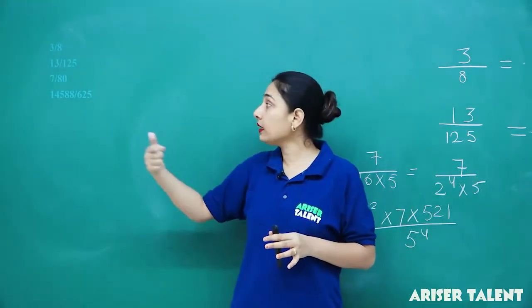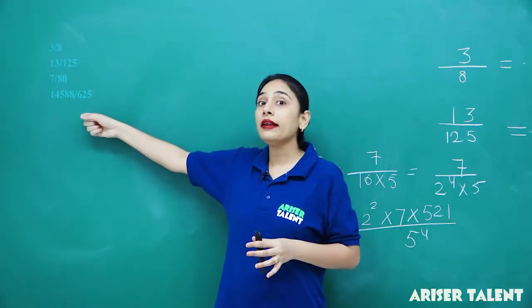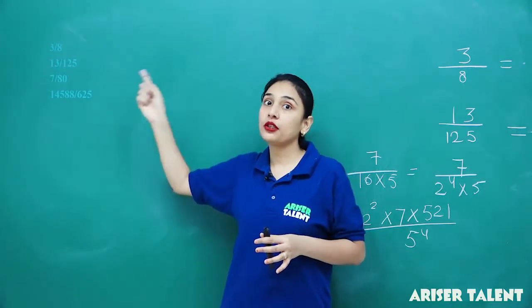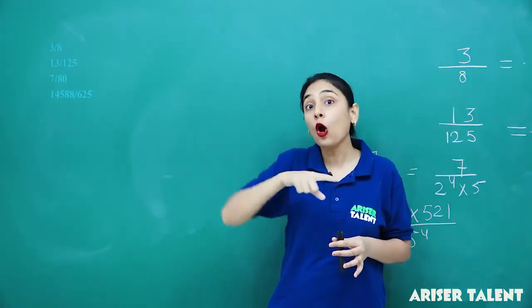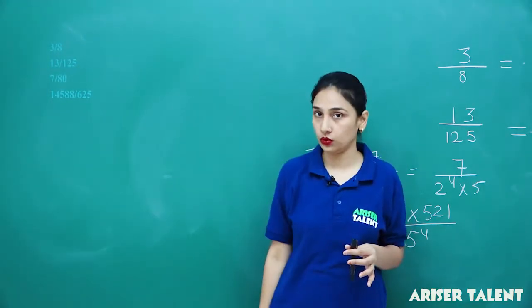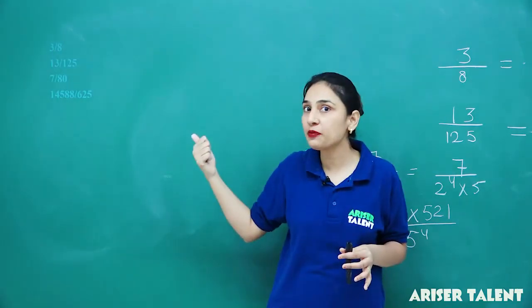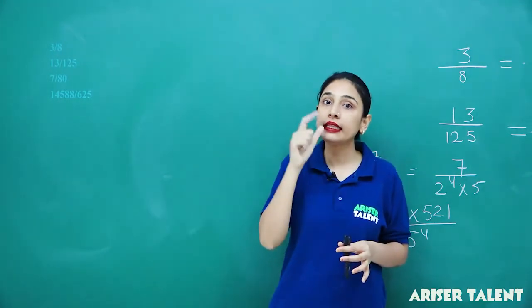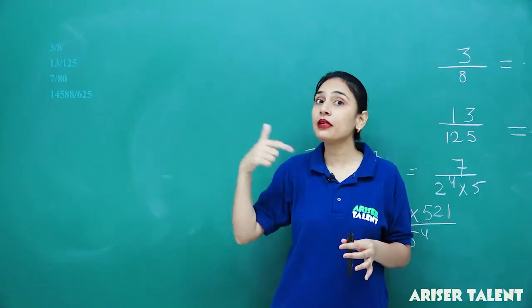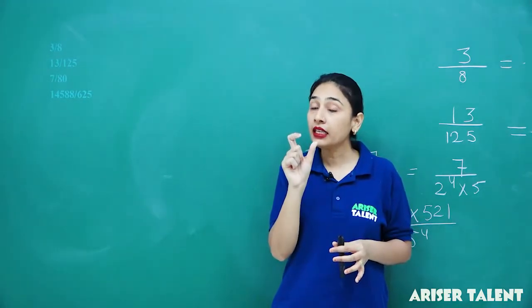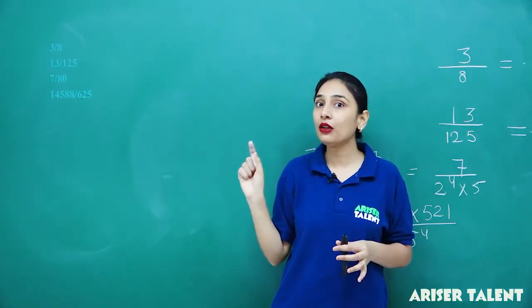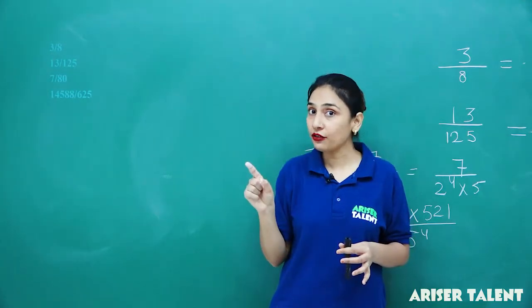and putting it at the start of this explanation. Why? Because I am trying to prove that the opposite of this is also true. I had a decimal number at that time and proved that these decimal numbers can be written in the form p by q, and the denominator will be only a multiple of 2 and 5.